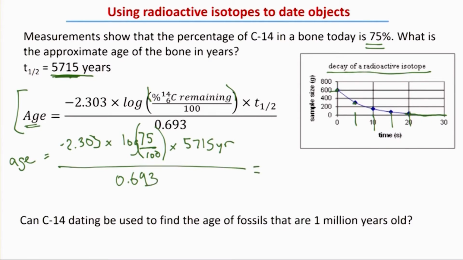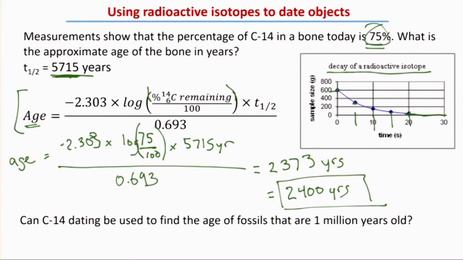Work that out on your calculator, and I get an age of 2,373 years. If I'm going to think about sig figs, we had about 2 sig figs there in 75%, so I'll just say this bone would be 2,400 years old.